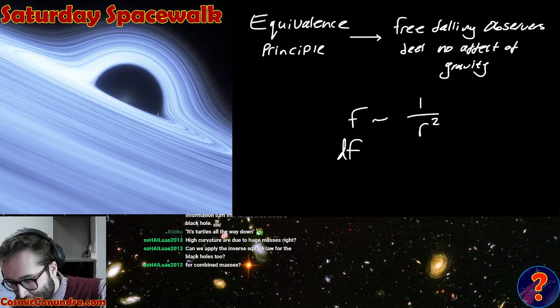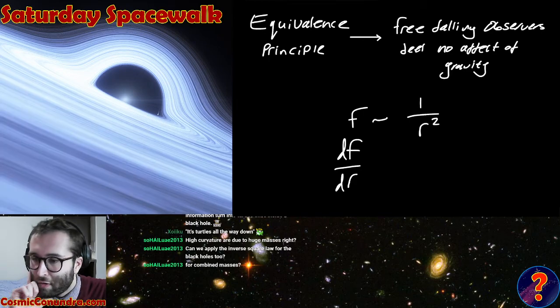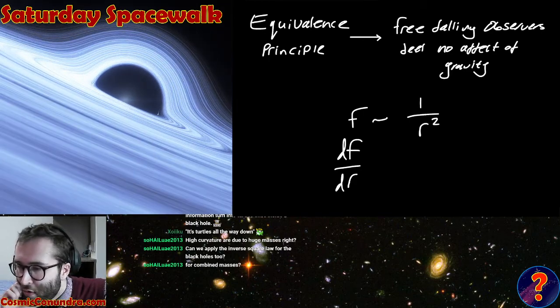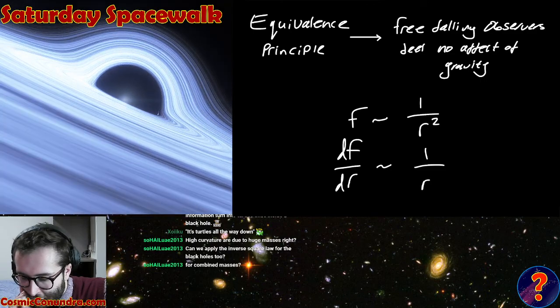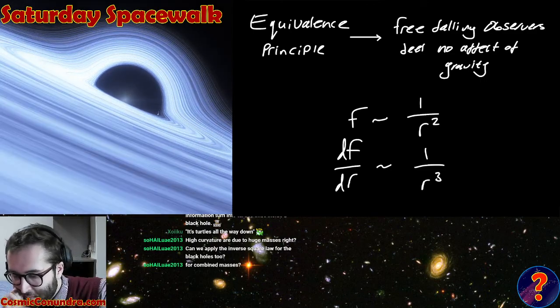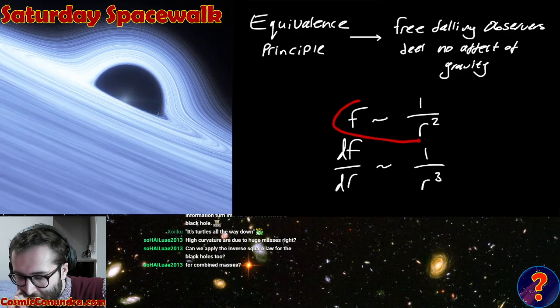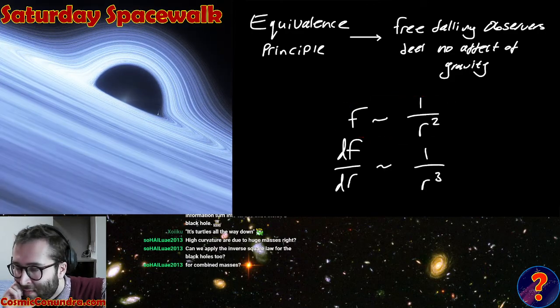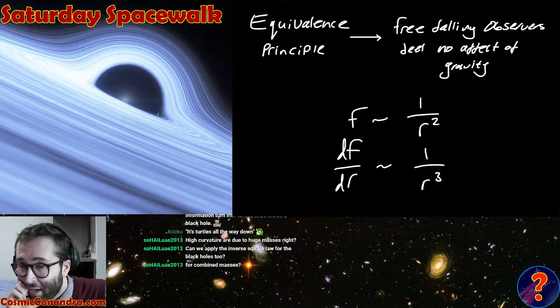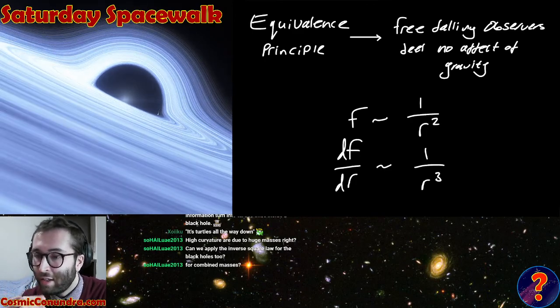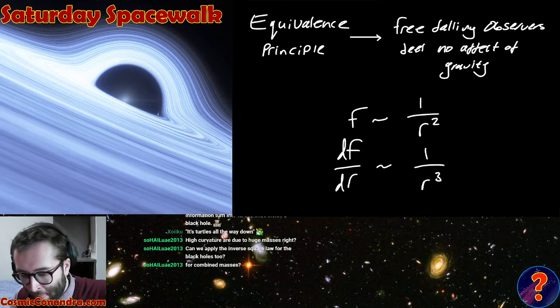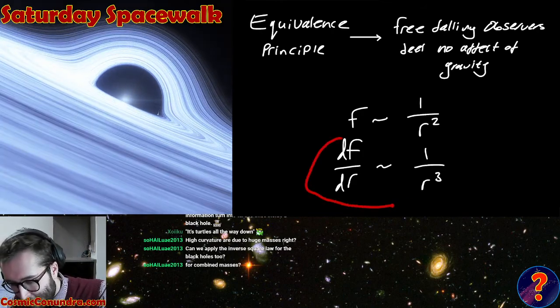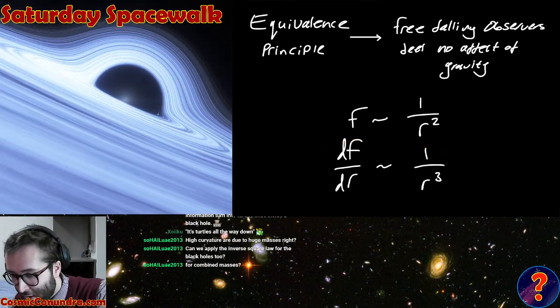And therefore the rate of change, how quickly the gravity changes as you move inwards by some radius, is like r cubed. So if you get very, very close to this point mass, the centre of mass of this thing, which for black holes, because they're so dense, you can get a lot closer than you can for other things, then the strength of the gravity also changes very, very quickly.